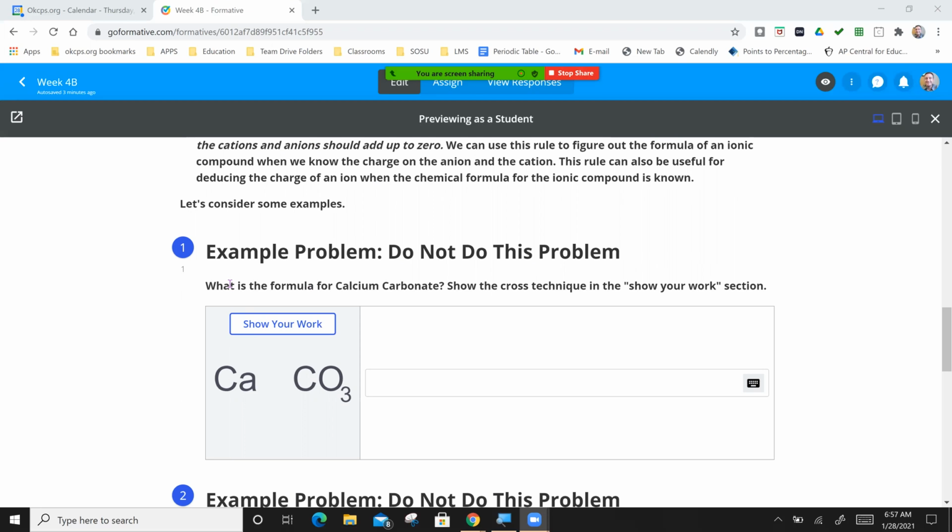Well, when we're looking at calcium carbonate, we know this is an ionic compound because there are no prefixes here. You can also recognize that you have a polyatomic by looking at the name. Most of the polyatomics end with the ending ATE or ITE.